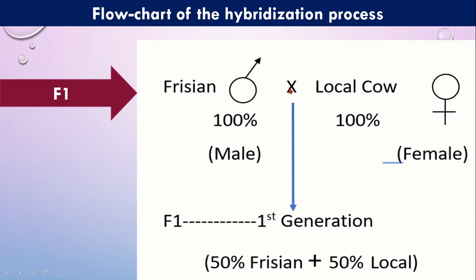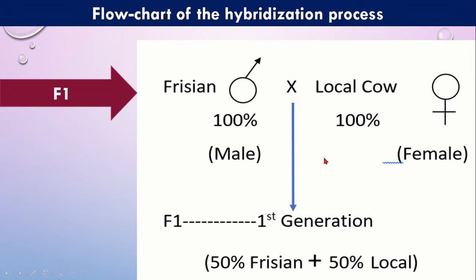When these two are crossed or inseminated, the first generation will come. This might be male or female. That time the characteristics will be 50% Friesian and 50% local.